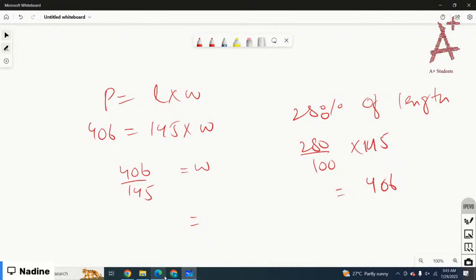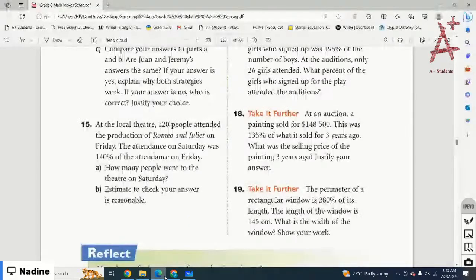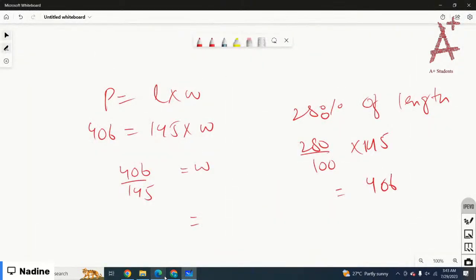Perimeter of the rectangle is 2 times length into width, isn't it? Hold on, I think I made a mistake. Well, perimeter of a rectangle is 2 times length plus width. Yes, not length times width. Here is the mistake I made.